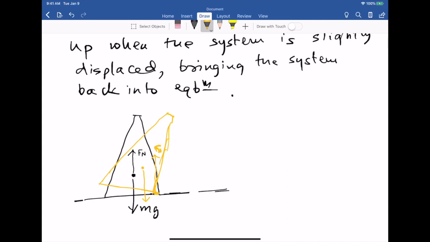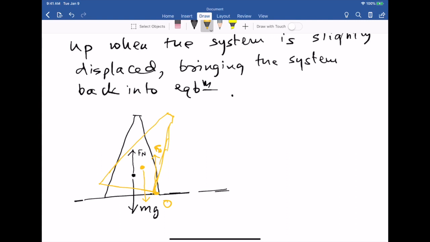So if you consider the right corner over here, let's call that the point O, what is the net torque about that point? Fn is passing through the point O, and so Fn doesn't have any torque, right? But what about mg? mg is acting at the center of mass. The new center of mass is indicated by the yellow dot over here. Is it a clockwise torque that mg is exerting, or a counterclockwise torque about the point O?